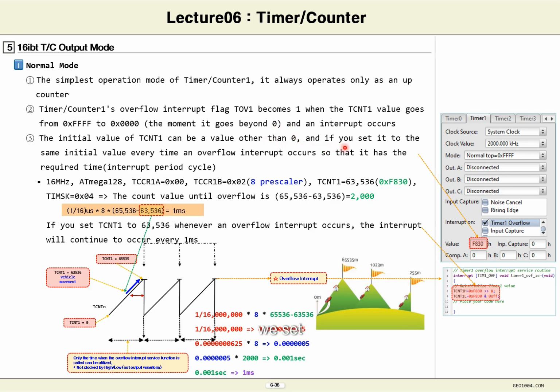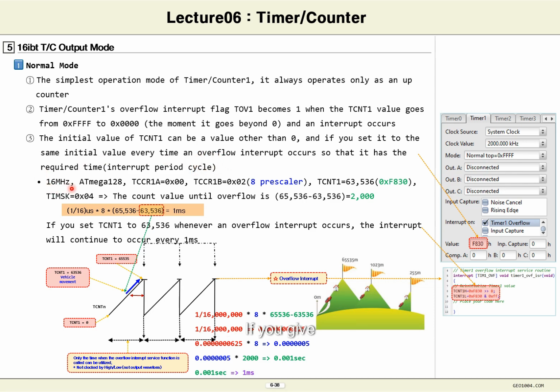If we set the same value every time an overflow interrupt occurs, we can set it so that the interrupt occurs every cycle of the required period.